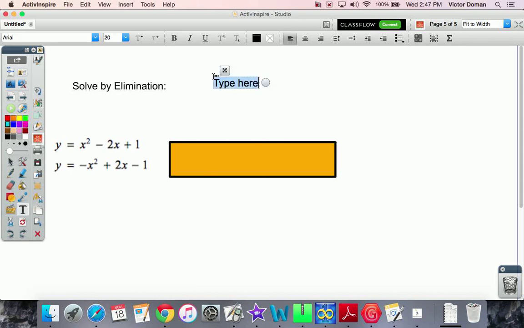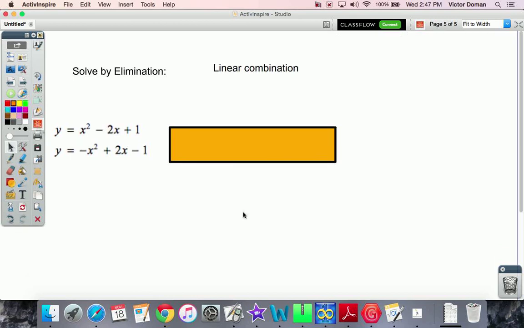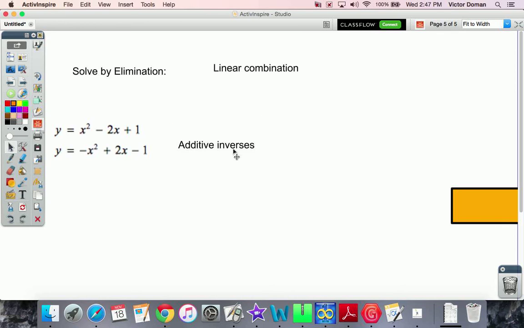In elimination, what we're going to do is use a linear combination. A linear combination means I'm going to take this equation and add it to this equation. There's something that we always need in order to do a linear combination that's going to cause elimination: additive inverses.